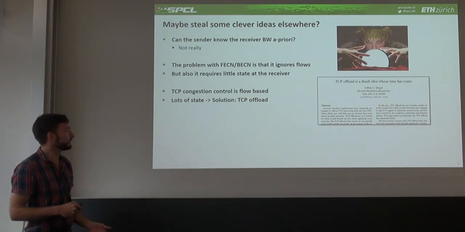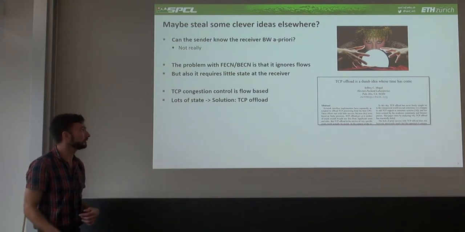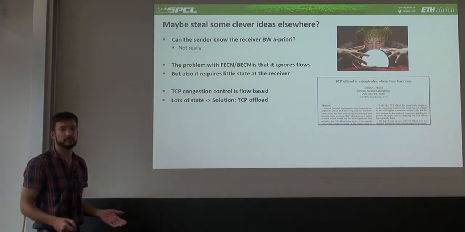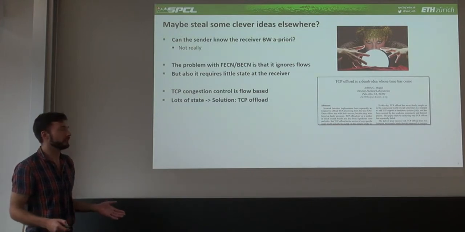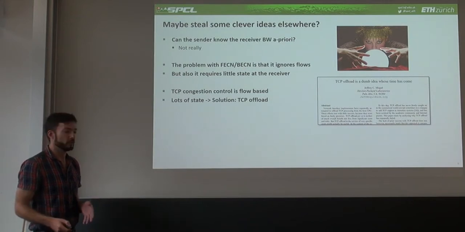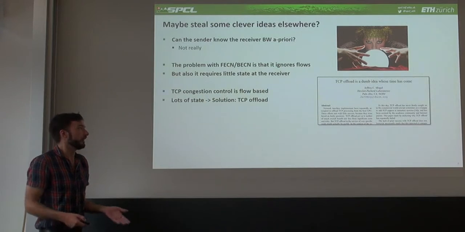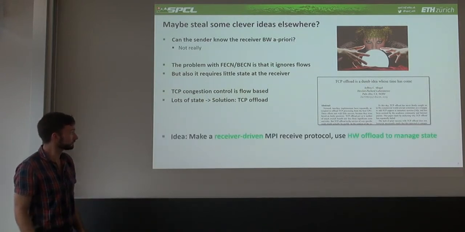The problem with TCP congestion control is that it has actually lots of state, but people have solved this using TCP hardware offload. So you have specialized hardware which manages this state. Due to Moore's law, we have more and more silicon available in NICs, and this is a good way of using it.